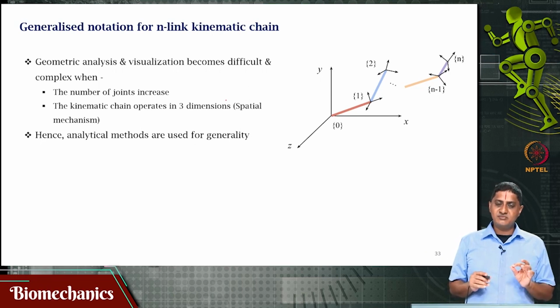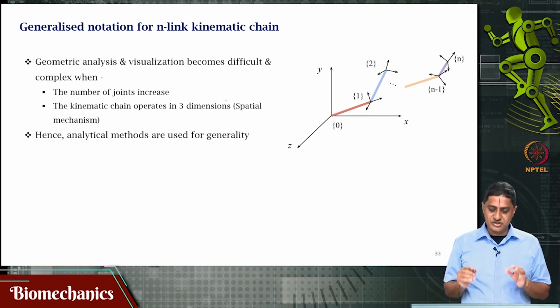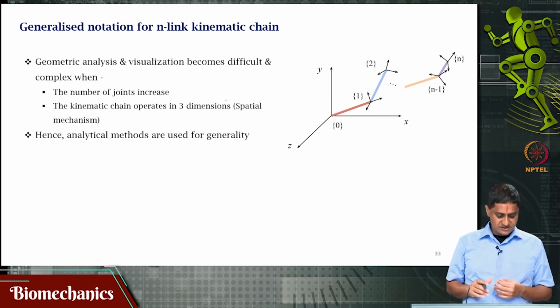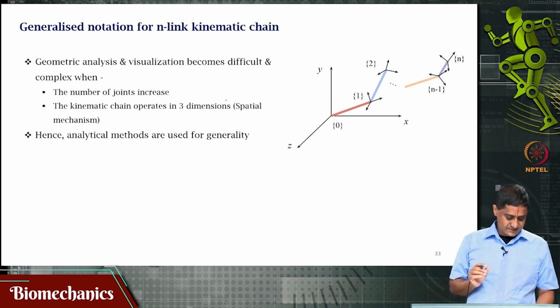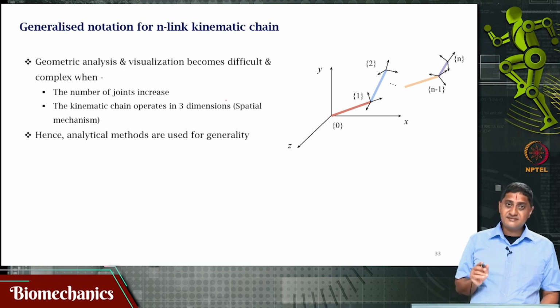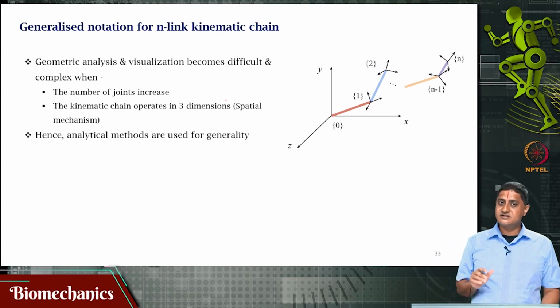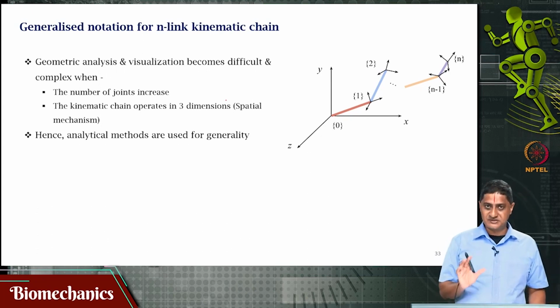A coordinate frame is placed at every single joint, such that the z axis is always the joint axis. This is how it is placed by definition.